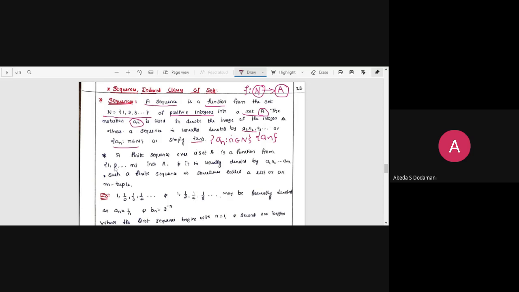Now, a finite sequence, and there is an infinite sequence, because we deal with both. A finite sequence means it contains a finite number of elements.